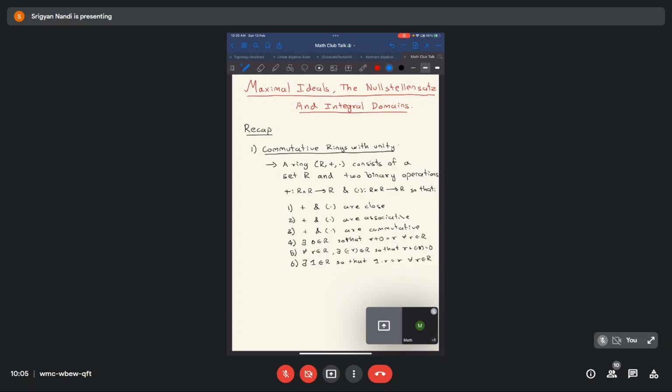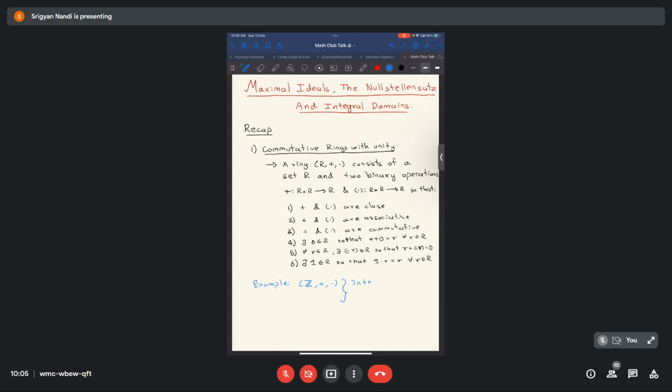I may not need to, but I'll just give a small example for the sake of it. One such example of a ring would be the integers under plus and product, the standard addition and product. It forms a commutative unital ring.